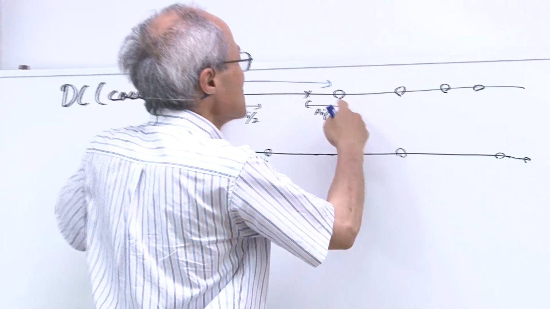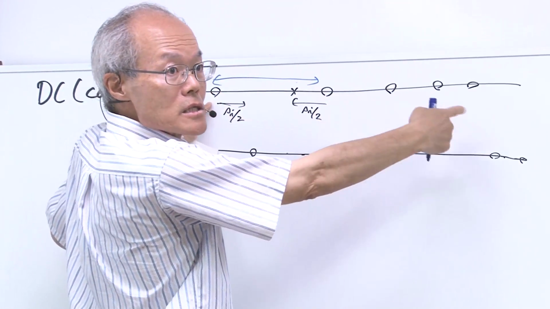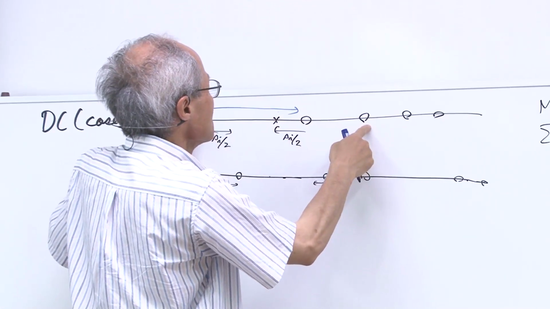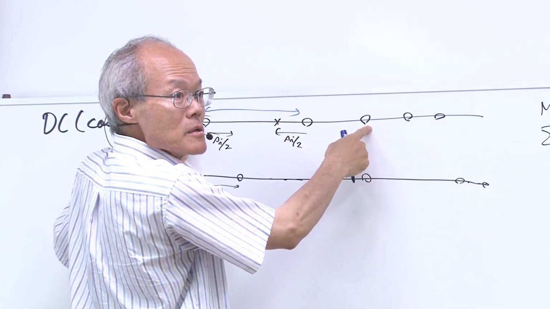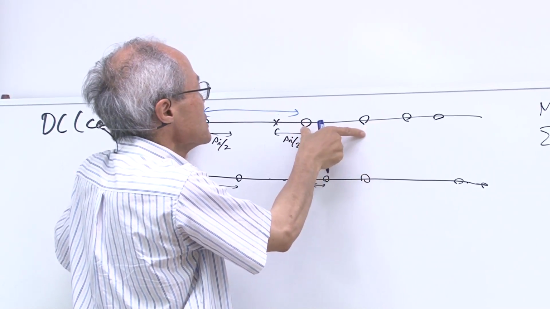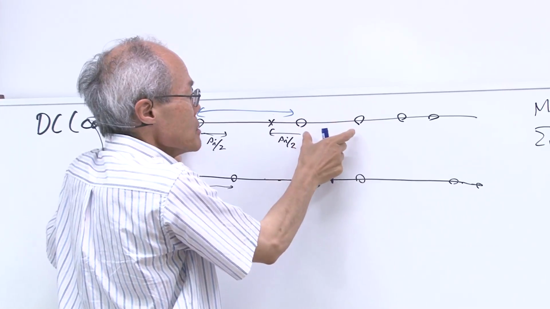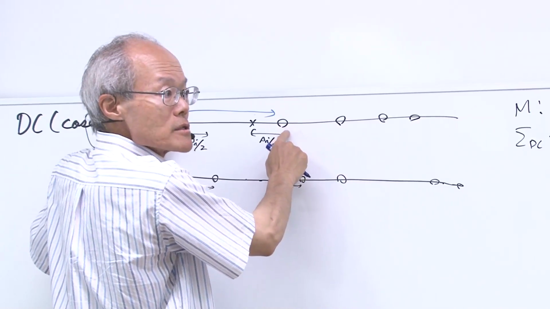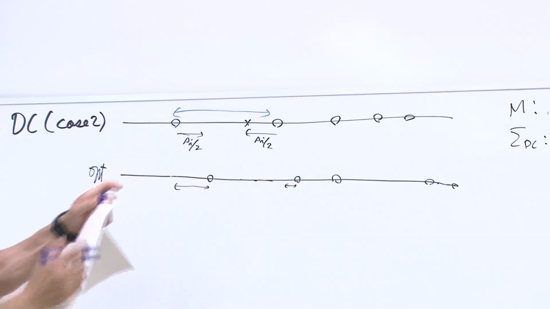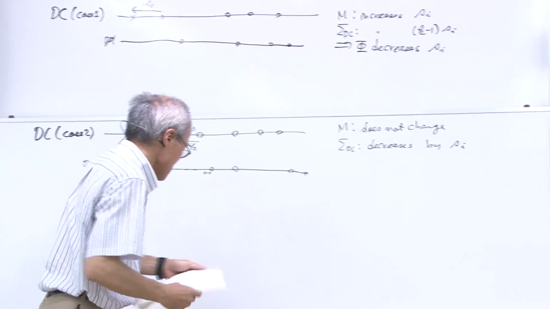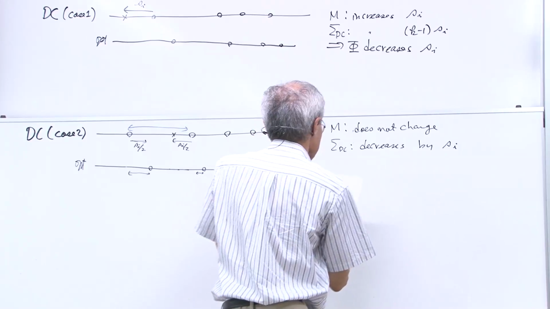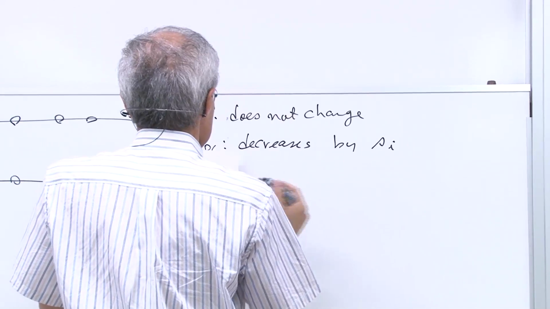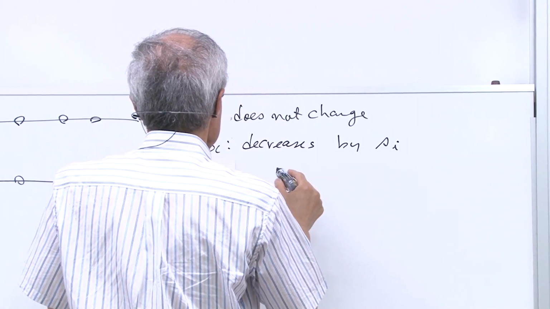The relation against the other guys just cancels. So this guy decreases s_i over 2, but increases s_i over 2. So all cancels. Only for those two guys, it decreases by s_i.